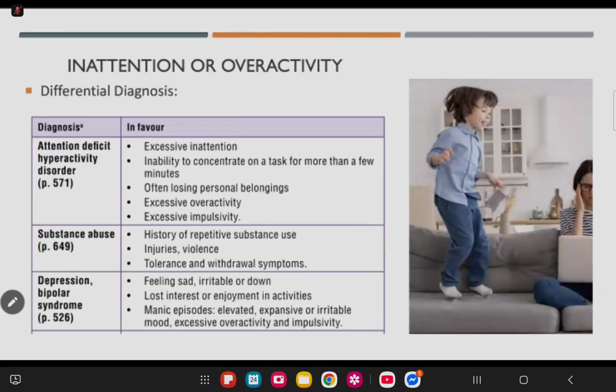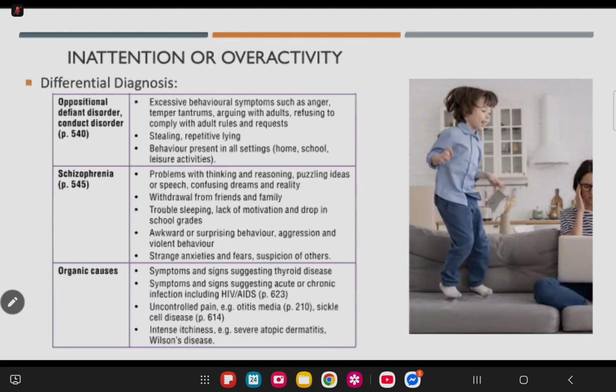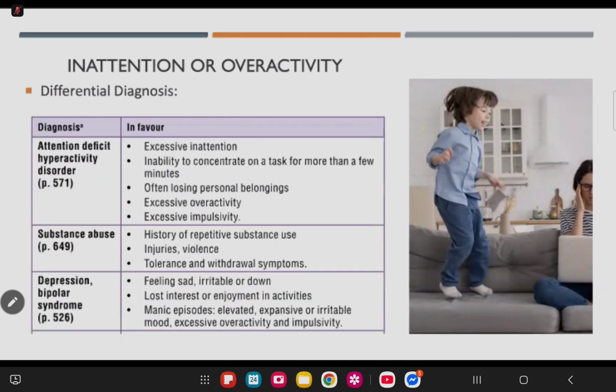Yes, Doc. Okay. So, basically, on the differential diagnosis, I'm just going to recall. You have to rule out organic causes first before going into ADHD. Other than that, you have substance abuse, self-explanatory. I've mentioned this earlier. Depression, bipolar syndrome, I'll discuss next session.